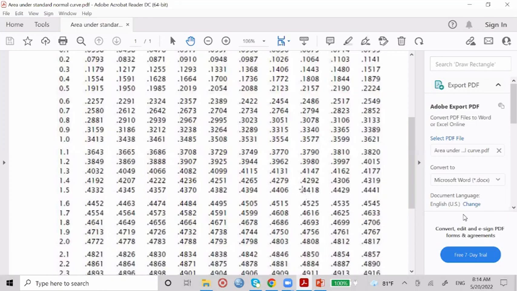This one, right? 0.4418. One point 1.57. 0.4418, right?